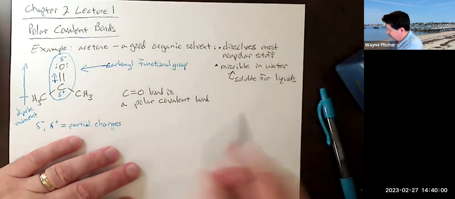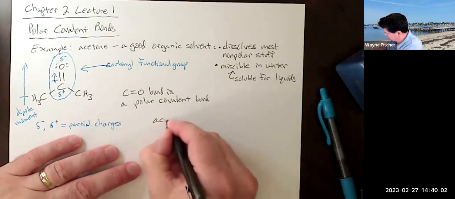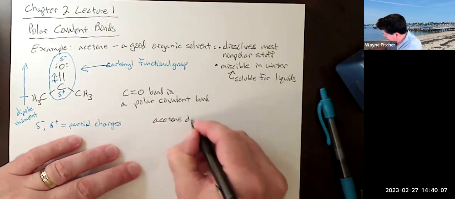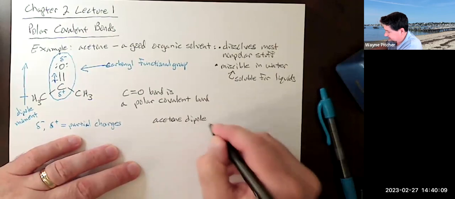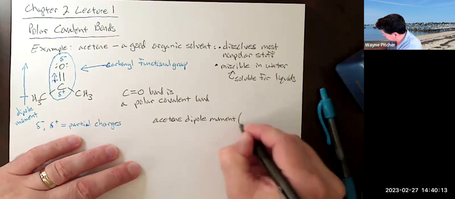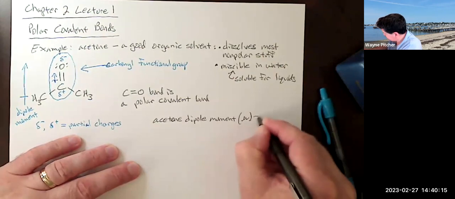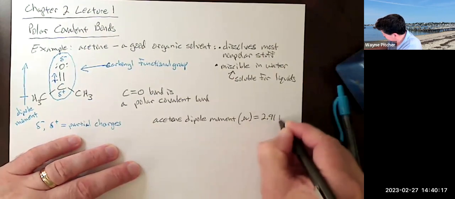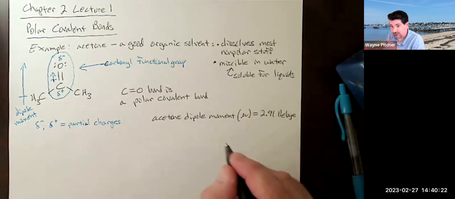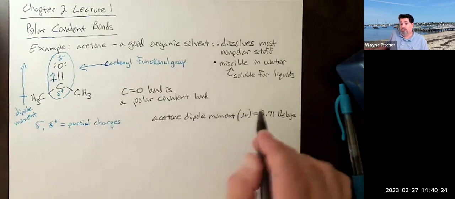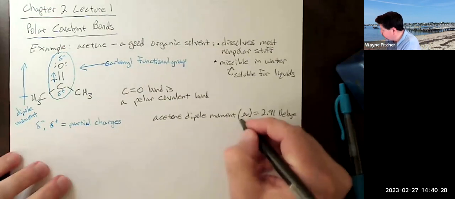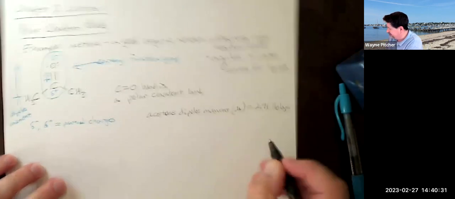Now, acetone is very polar, and you don't need to know these numbers, but I thought I would provide them anyway. In this case, the dipole moment, or mu, that's the Greek letter mu, for acetone is 2.91 debye.